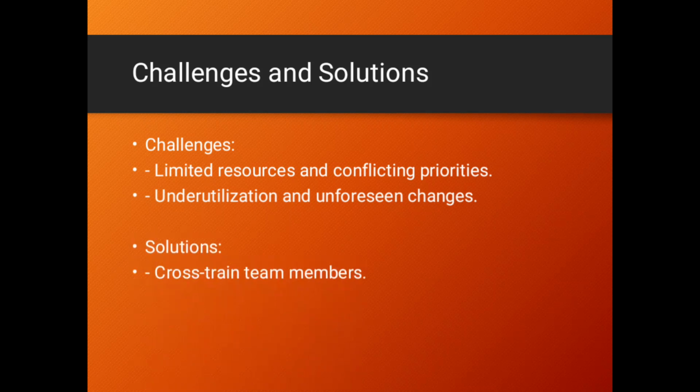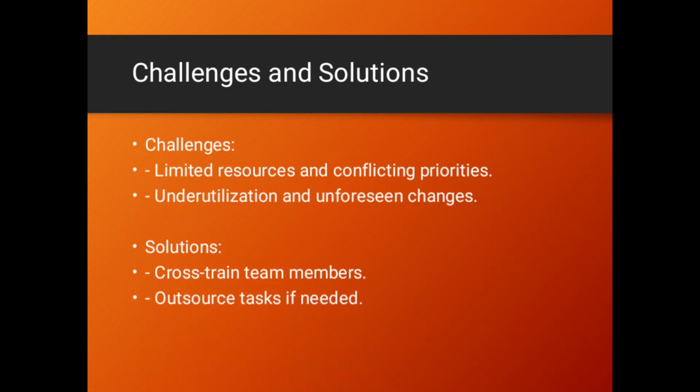What are the solutions to that one? For limited resources and conflicting priorities, you can cross-train team members. You need to make sure that a certain person can be trained maybe for 2 or 3 tasks. He can do this particular task, and the same person can also do another task. That means you are not going to have limited resources, for example, human resources.